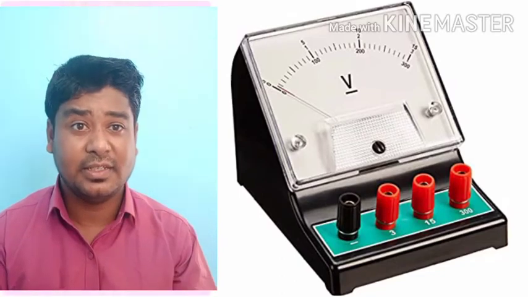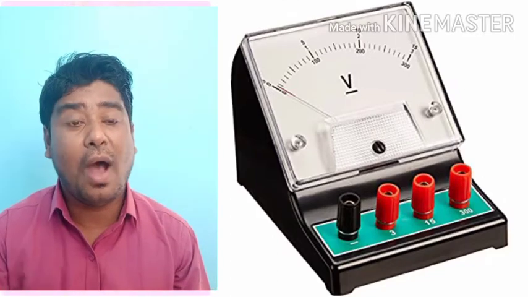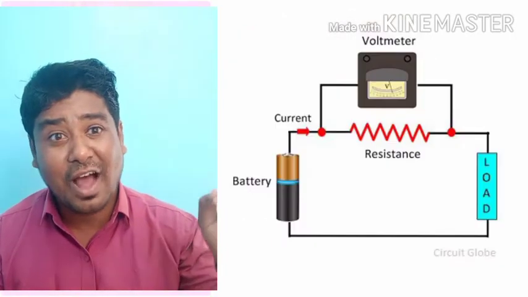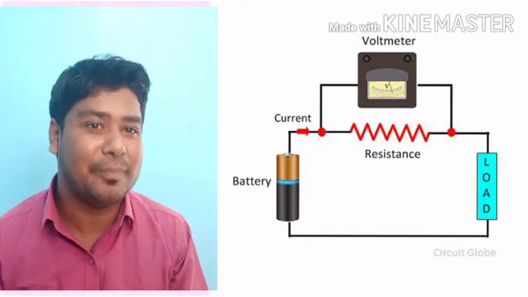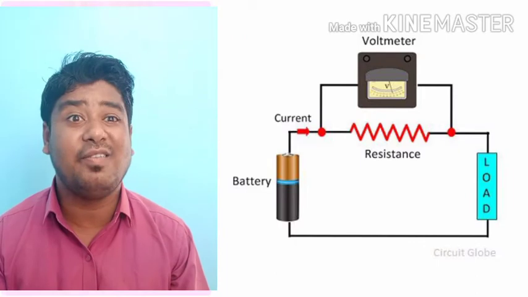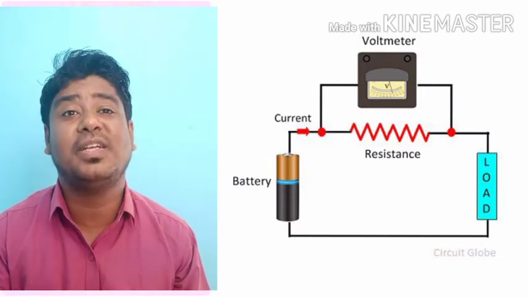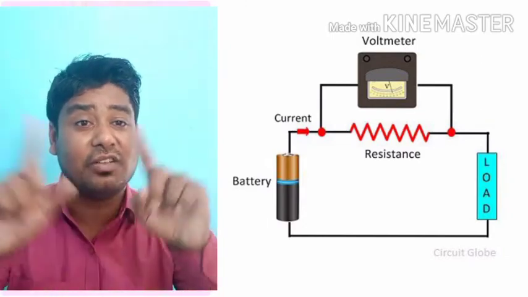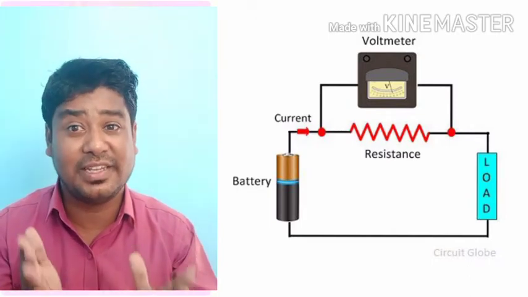Okay, right? As we discussed in the previous video how an ammeter should be connected in a circuit, that's an important question. In the same way, how a voltmeter should be connected in a circuit and why, that is also an important question. Together it may come. So as an ammeter is always connected in series, a voltmeter should always be connected in parallel, in parallel with the points between which we are measuring the potential difference, the voltage.